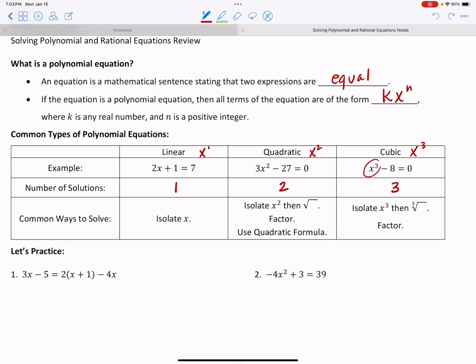Or here, I can get x cubed by itself by just adding over the 8, and then I can get rid of the cube by taking the cube root, right? Or add the 27, divide the 3, and then get rid of the square by taking the square root. So all three of these are polynomial equations that we can solve using isolation techniques, inverse operations. Now, it's not always possible, so again, we're going to do some review of mostly quadratic equations, but the strategies that we'll use there, some of them could be applied to higher degrees as well.